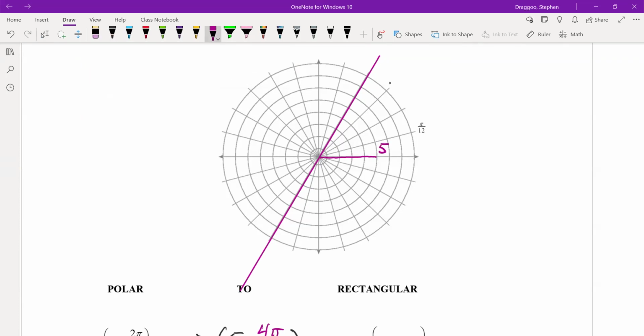And then I should just trace around that circle to get to my point, which is right there. That's my polar point 5, 4 pi over 3.